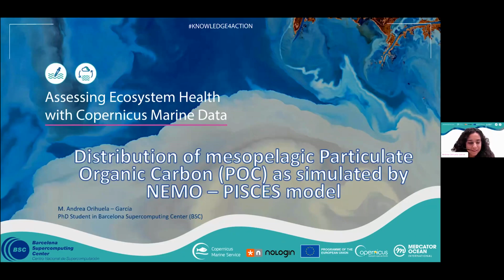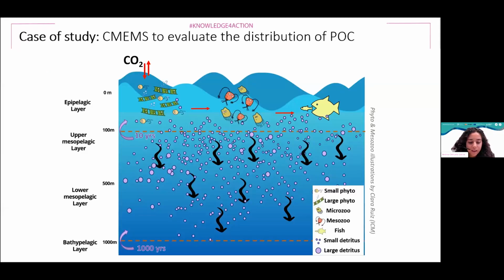Hello, my name is Andrea, and I'm here to talk about how I use Copernicus marine data in my case of study, the distribution of particulate organic carbon, the POC, in the mesopelagic layer. First of all, you will probably be wondering what the particulate organic carbon is. The POC is all the carbon in solid format that comes from the organic matter produced at the first ocean level, from 0 to 100 meters, the epipelagic layer.